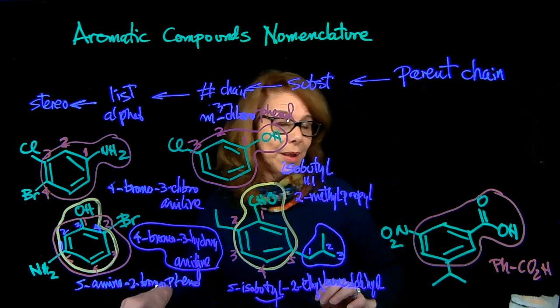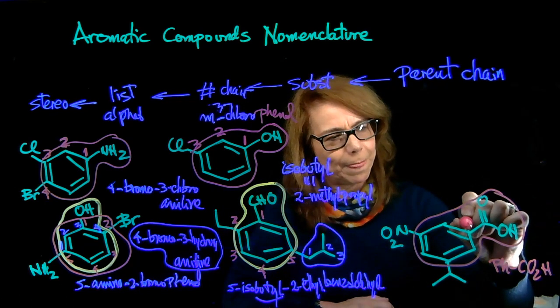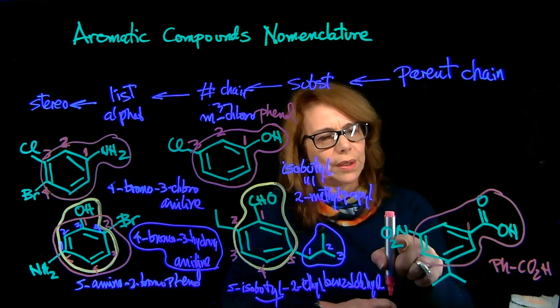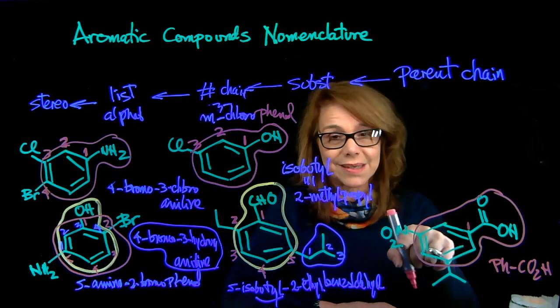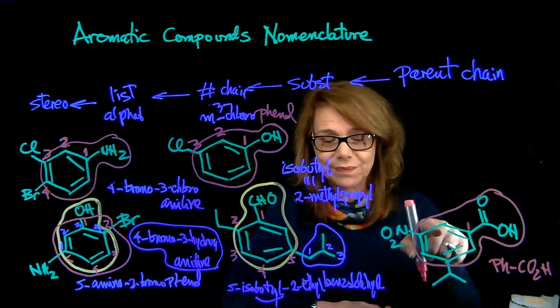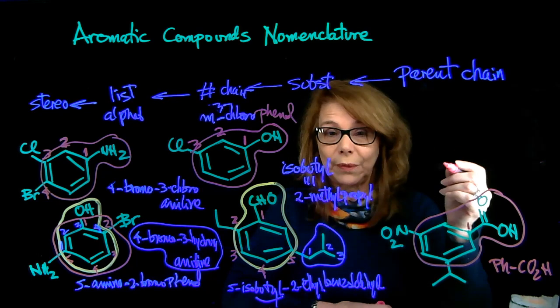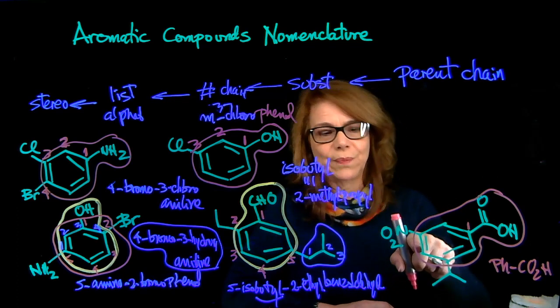For the numbering, I need to say 1, and then I can go 1, 2, 3, or 1, 2, 3. Because it is the same location, I'm going to give priority to the one that goes first alphabetically, so isopropyl and nitro.